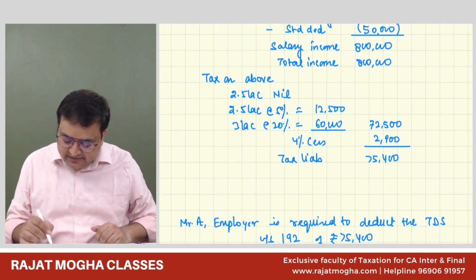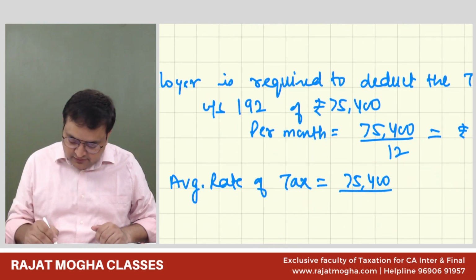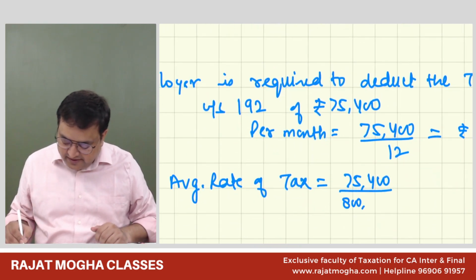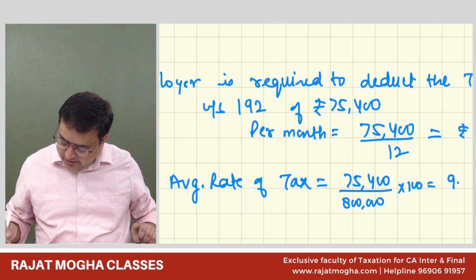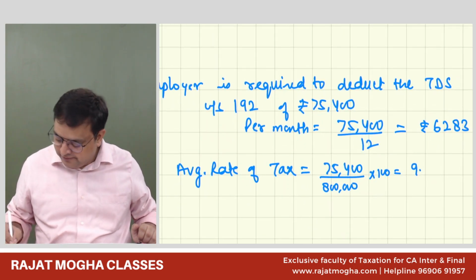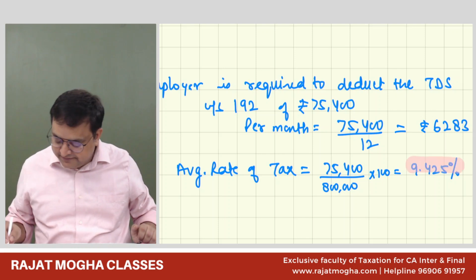The total income is 8 lakh. So on 8 lakh, the taxes are coming as 75,400 into 100. 9.425%. So this is the average rate of tax.